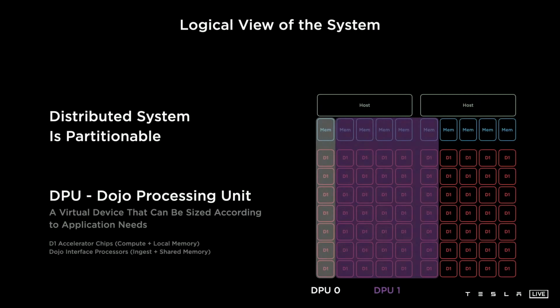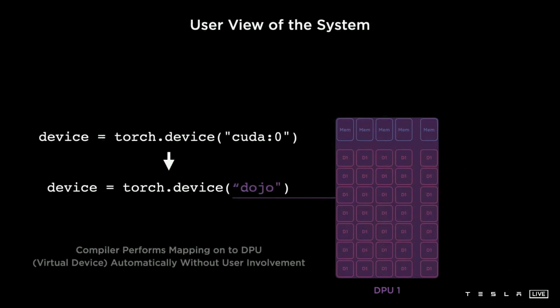It also has our interface processor and 1 or more hosts. This can be scaled up or down as per the needs of any algorithm, any network running on it. What does the user have to do? They have to change their scripts minimally. This is because of our strong compiler suite. It takes care of fine-grained parallelism and of mapping neural networks very efficiently onto our compute plane.